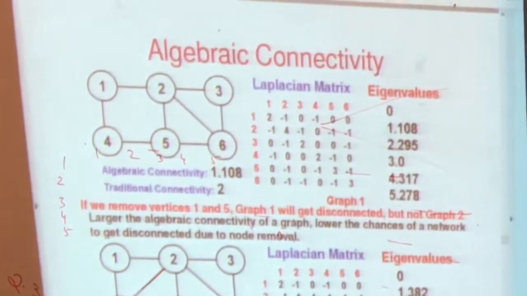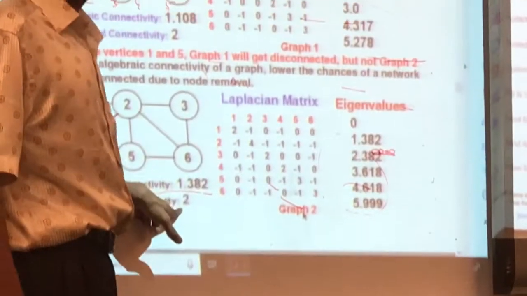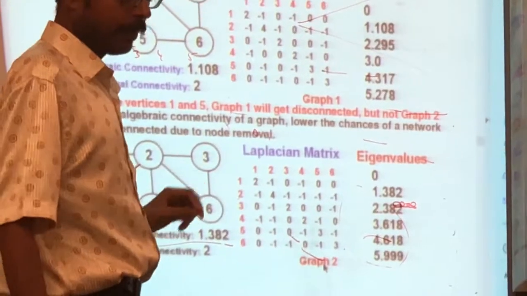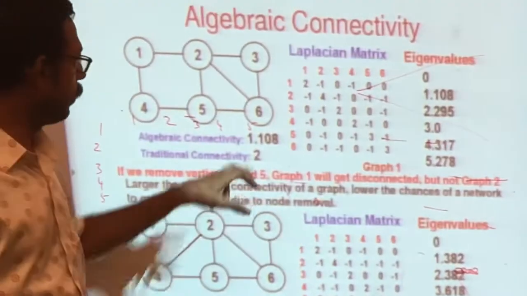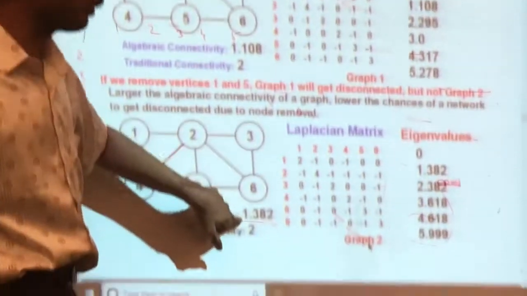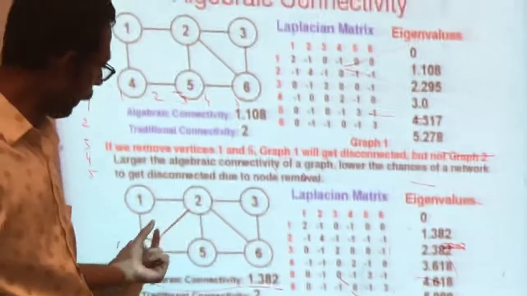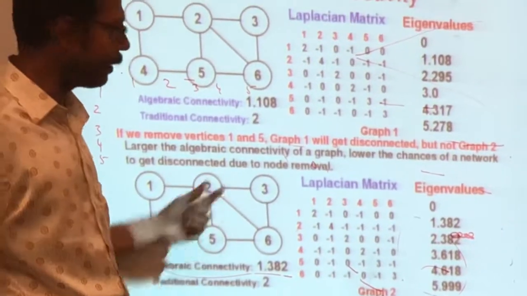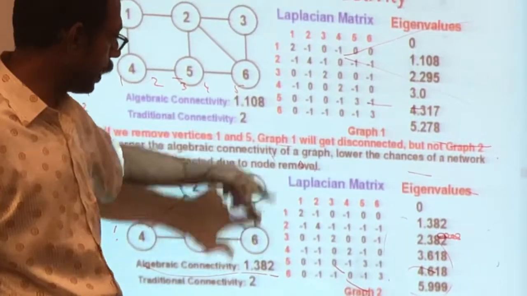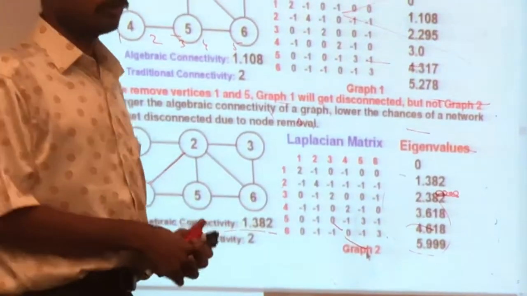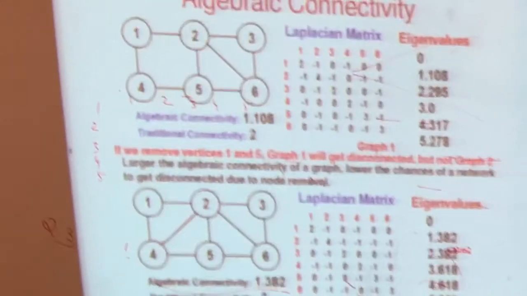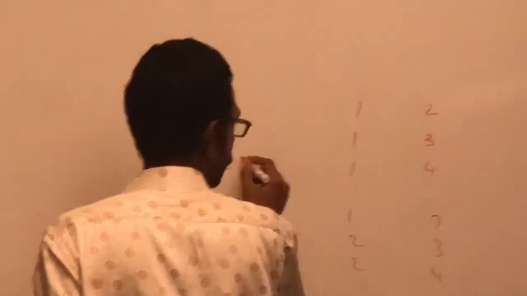So the numbers, you don't compare 1.382 to 2. Don't compare like that. Okay. You just compare 1.108 with 1.382. So that shows that the presence of this edge increases the connectivity from 1.108 to 1.382. If you are trying to find the percentage increase, some people will do that.